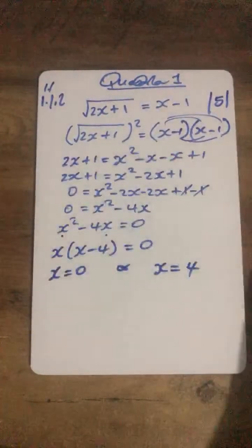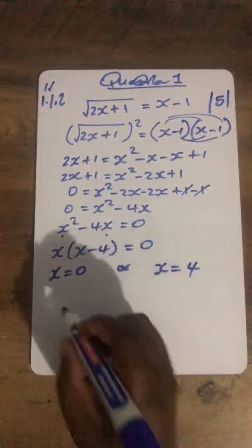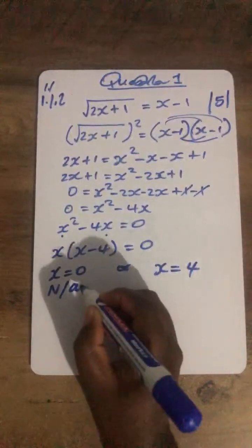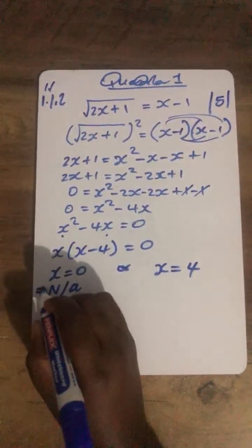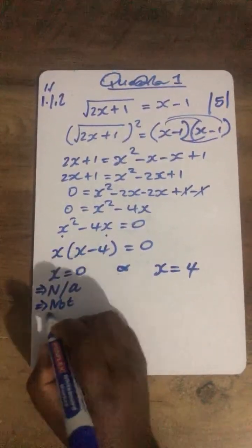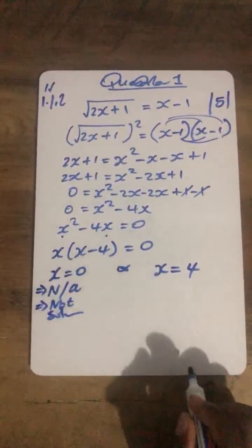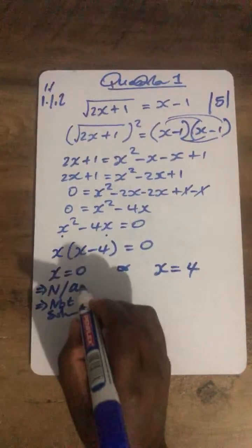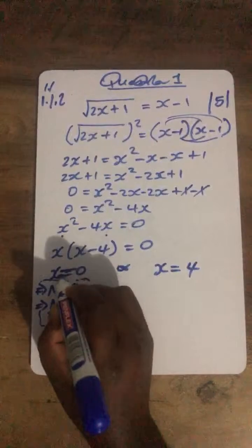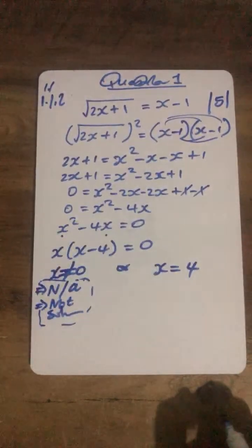So that means this one is not a solution. You can either write not applicable, or not a solution. Otherwise, if you do not write these words, you can just cross it like that, then you are done.